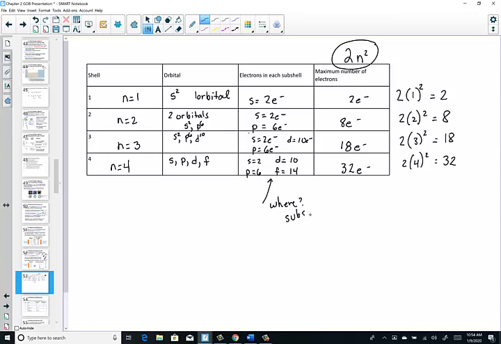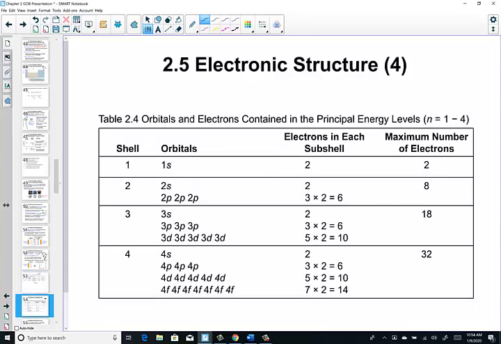So I can see what subshells are S, P, D, and F orbitals, standing for spherical, principal, diffuse, and fundamental. Those letters stand for something, and that's what we filled in there.